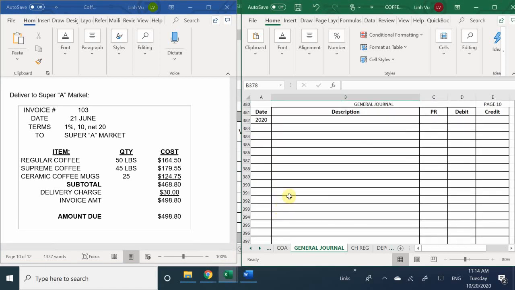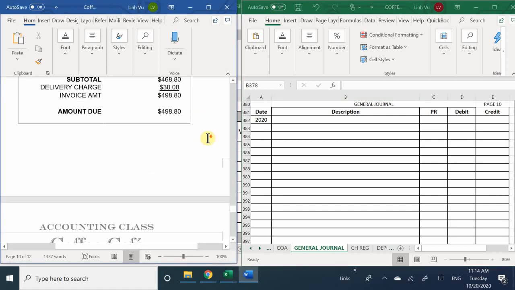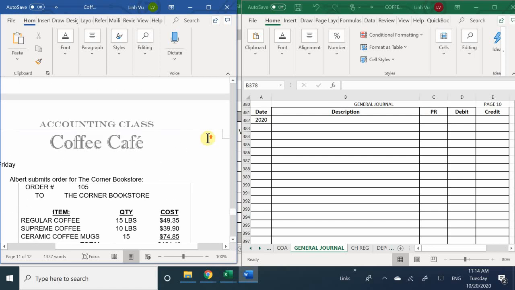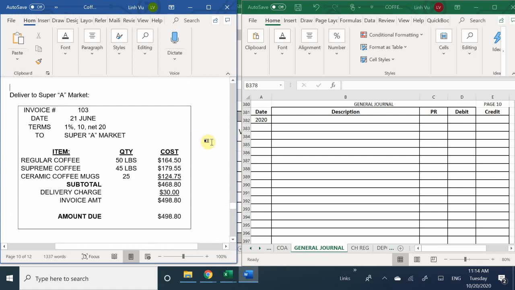So then what am I going to be marking? Hold on, let me look forward. If I delivered my transaction, what has Albert completed? He has completed his sales, the order.